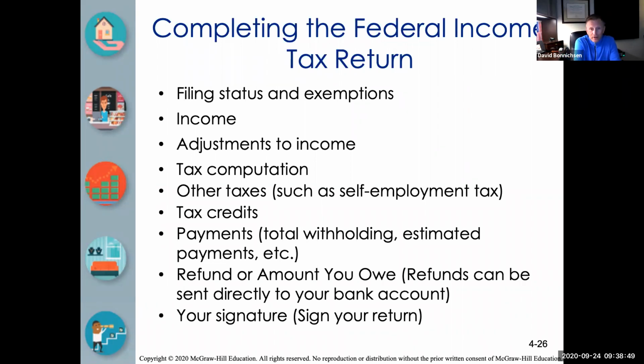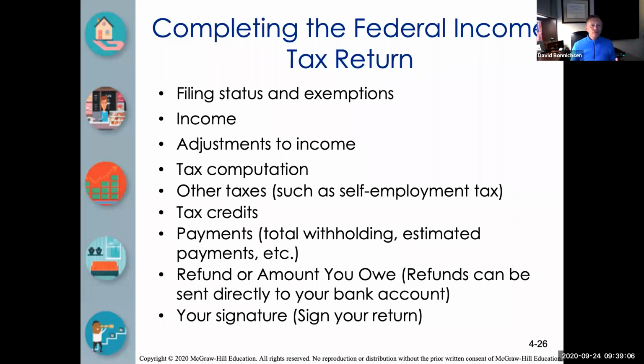We look at our income, our adjustments to income, our tax calculation, other taxes that we might have to pay, like self-employment tax, okay, which if you own your own business, you are subject to an additional tax. Okay, don't get me started on that.